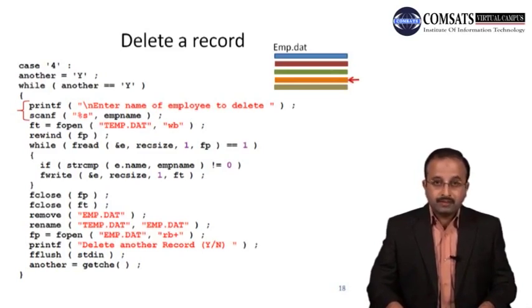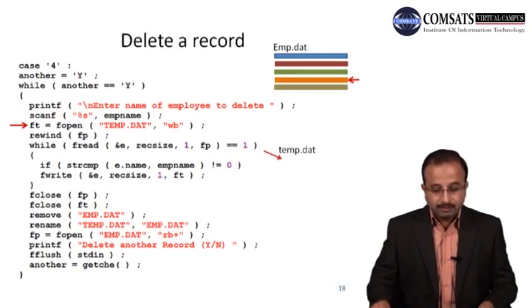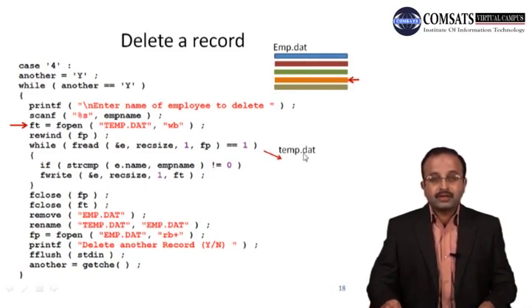Now the first step is to create a temporary file. So create a temporary file, and the file pointer points to the beginning of that file. Which file pointer is it here? We have ft as the file pointer, that is different from this file pointer. The file pointer of m.dat is fp, that is different, and the file pointer of temp.dat is ft, that is also different.